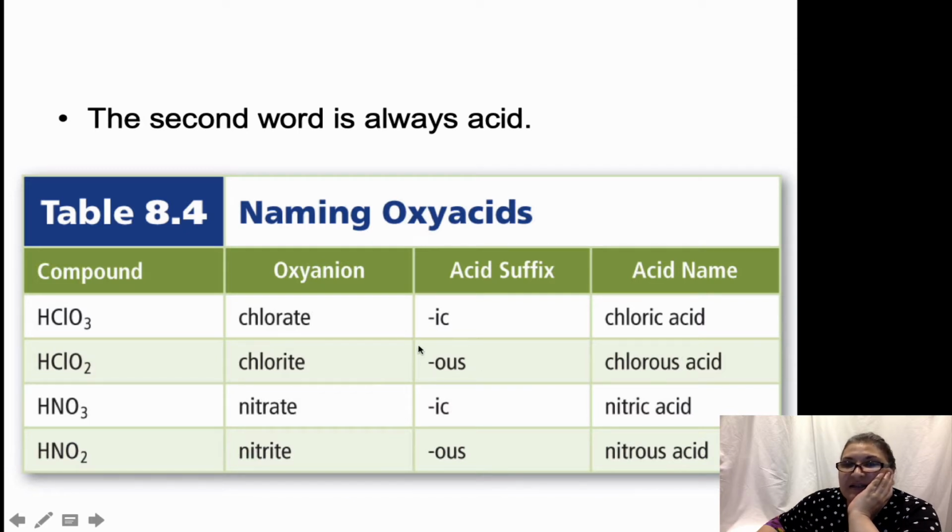The acid gets OUS ending plus the word acid, chlorous acid. NO3 is nitrate. You add hydrogen to it, it's nitric acid. NO2 is nitrite. You add hydrogen to it, it's nitrous acid.